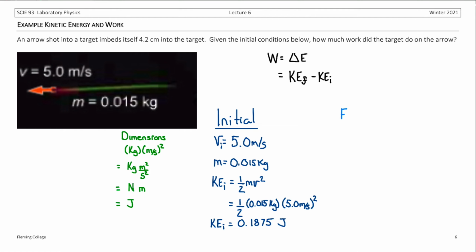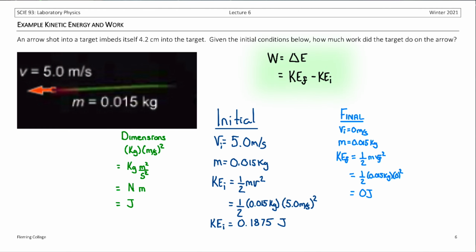If we repeat the calculations for our final setup, we have a velocity equal to 0 meters per second, and a mass equal to 0.015 kilograms still, and kinetic energy using the same equation. So our final kinetic energy is 0 joules.